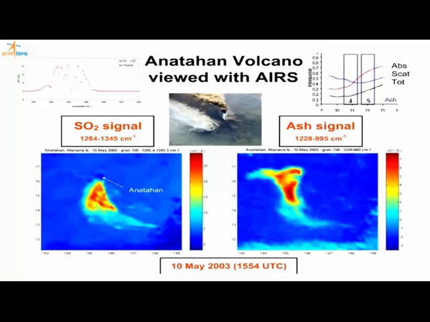So if you see a typical scene in these volcanic eruptions, you see that this is the signature of sulfate, whereas this is the signature of ash particles.